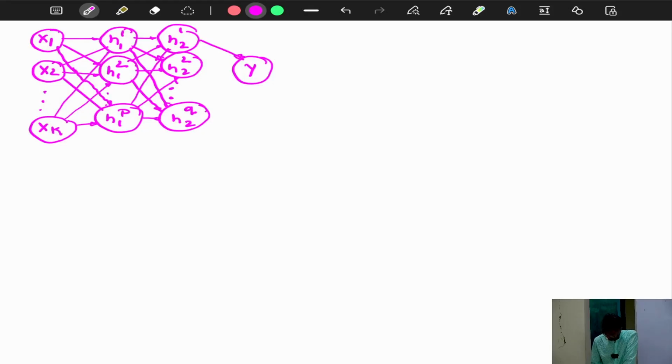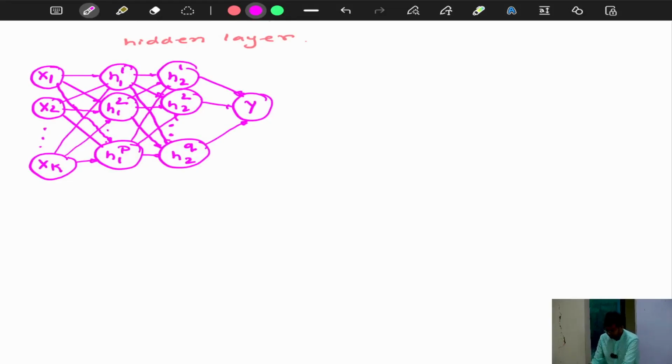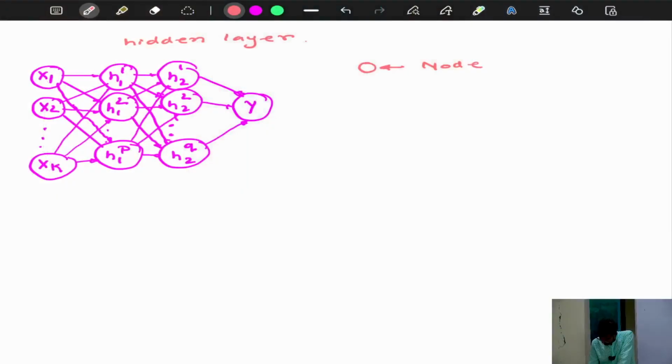Now let me also write the nomenclature in a more formal manner. Whatever circle you are seeing, that is my node. Also you can call it your neuron. Whatever arrows you are seeing, that represents my edge.